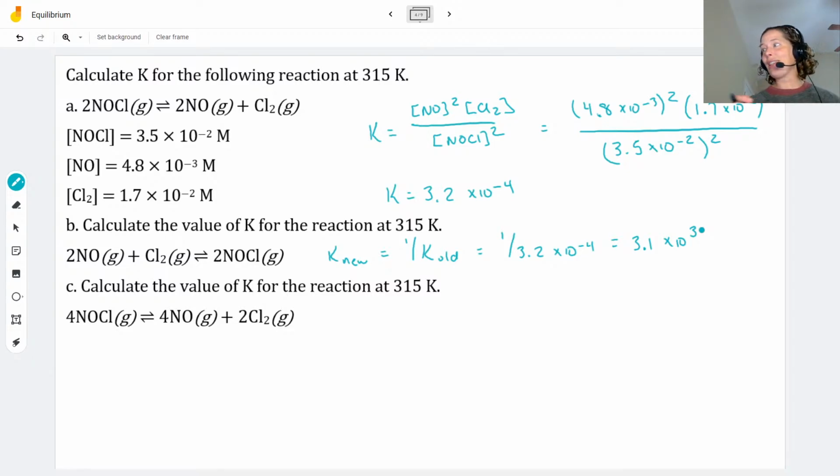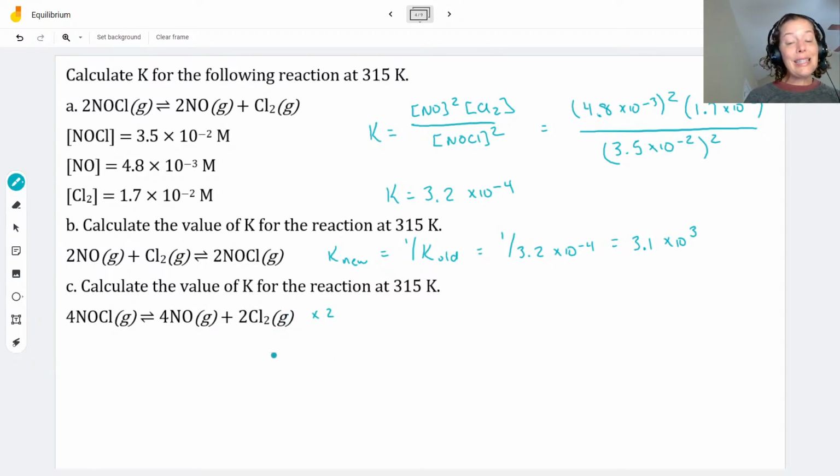So there's another trick that I also want to show you. If you look at this reaction right here, again, we're supposed to be calculating K. This reaction is just about the same as this reaction, except I have multiplied through by 2. So the stoichiometric coefficients are multiplied by 2.